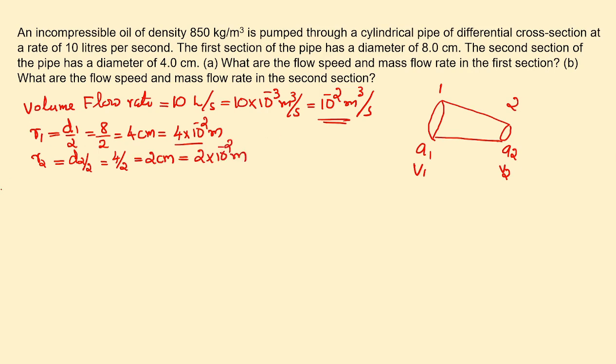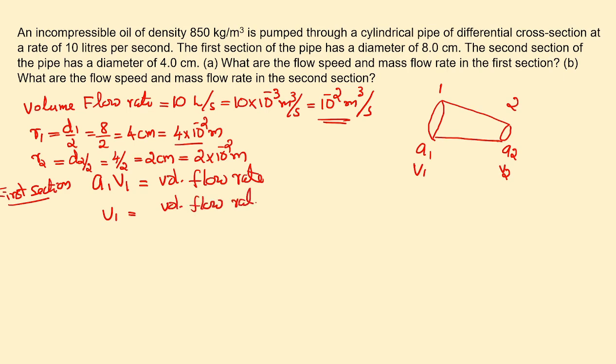Now let us consider the first section. The product of cross-sectional area and velocity, A1 into V1, is equal to the volume flow rate. Therefore, the speed V1 is equal to the volume flow rate divided by A1. What is A1?